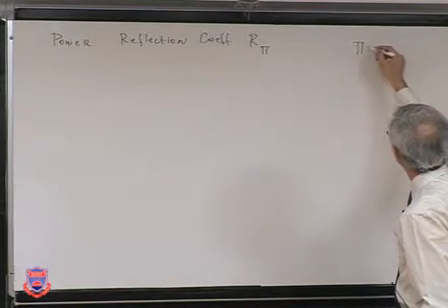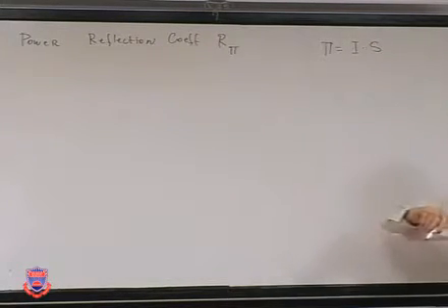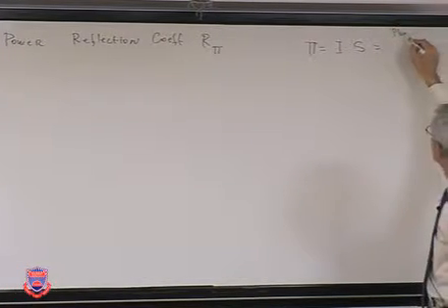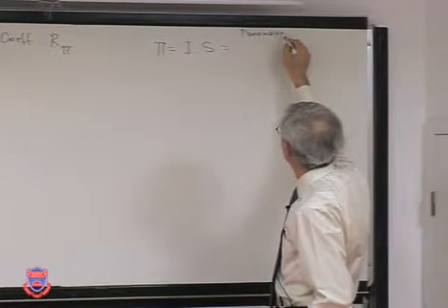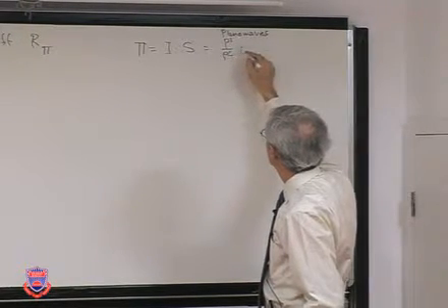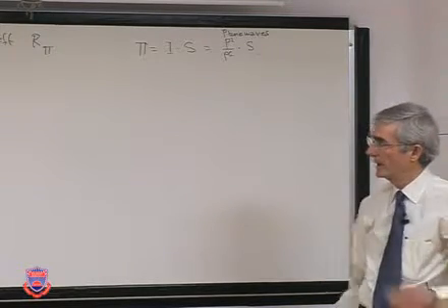Power is intensity times surface area. And for plane waves, that would be p squared over rho c times the surface area.